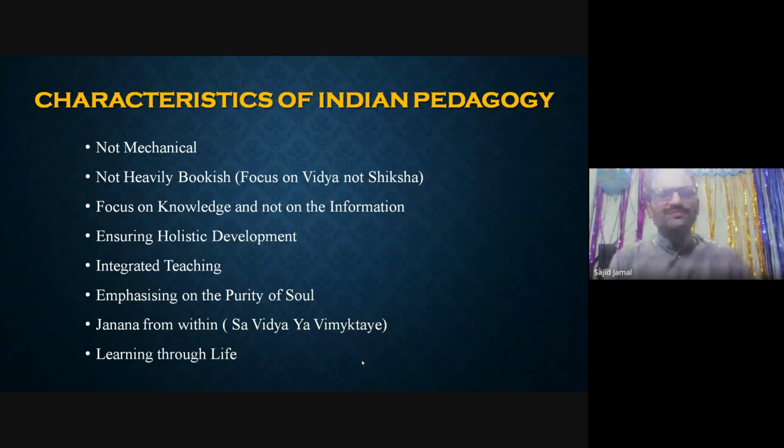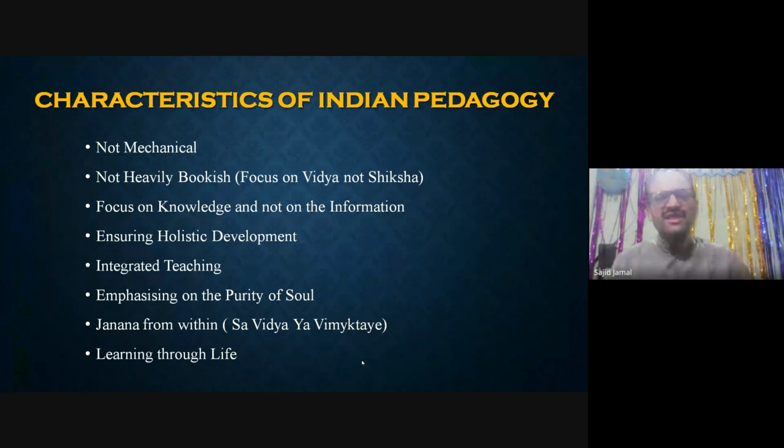Then our Indian pedagogy was not heavily bookish, not heavily relying on books. So the focus was on vidya and not shiksha. These two are Sanskrit terms, vidya and shiksha. Basically, the difference between these two is that vidya is gained, vidya is got, and shiksha is given.